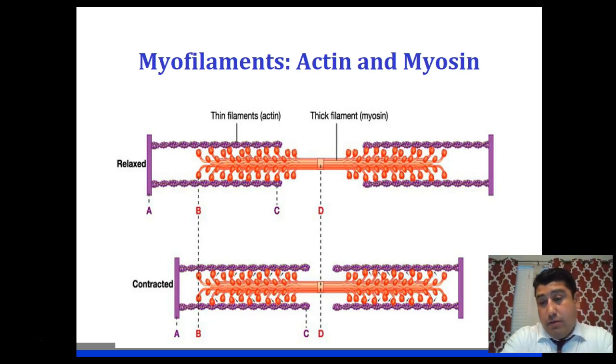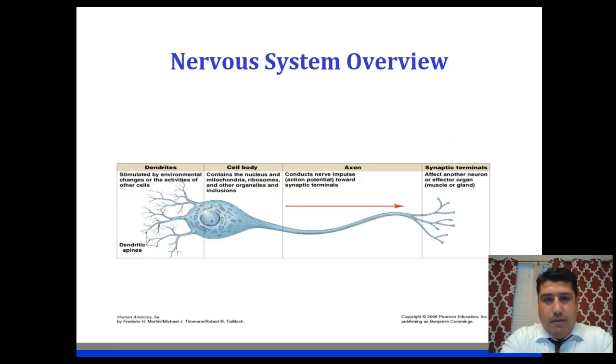And those contractions cause our body segments to move. So the brain generates the message, and it sends that message down a pathway of nerves, and eventually the nerves will deliver the message to the muscle.